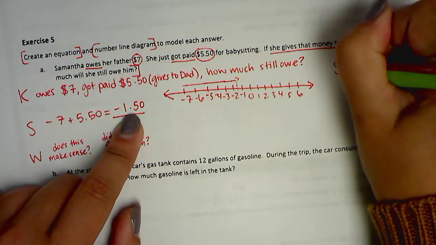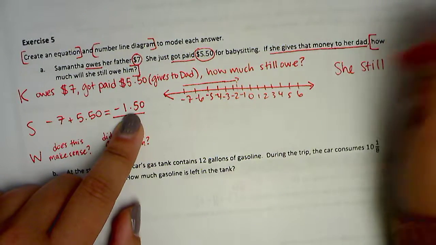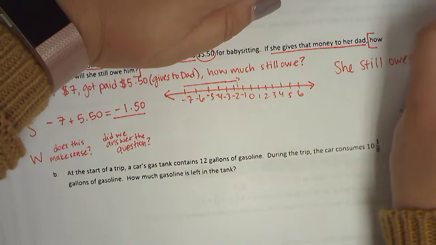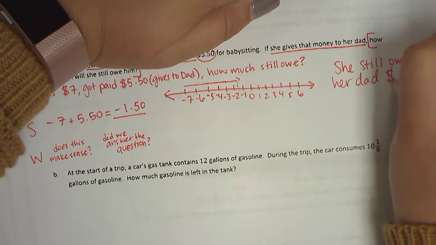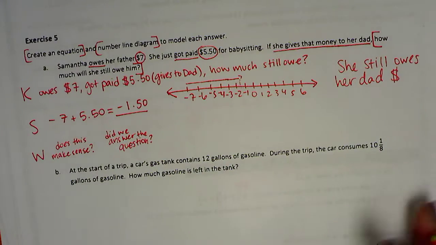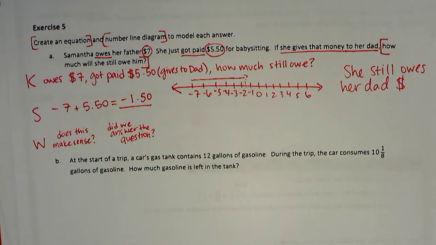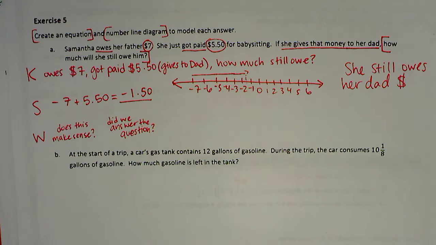So she still owes her dad a certain amount of money. When you owe money, we describe that as negative. We wouldn't say she owes her dad negative $1.50. That doesn't make sense.